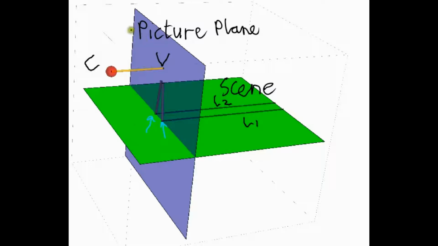Another way we can describe this vanishing point is if you start at the viewing point C and then you draw a line from C towards the picture plane, which is perpendicular to the picture plane, then V is going to be the place where that line ends up meeting the picture plane.